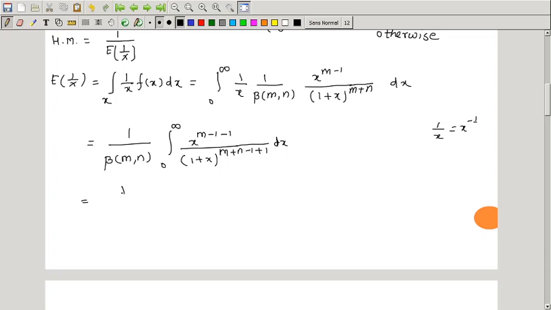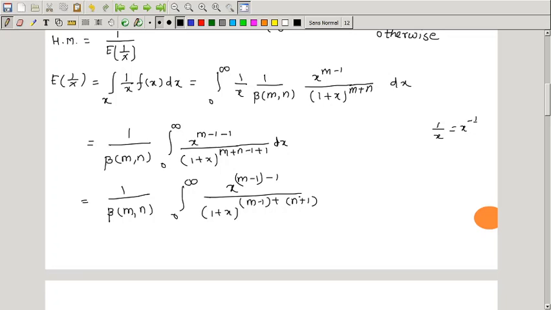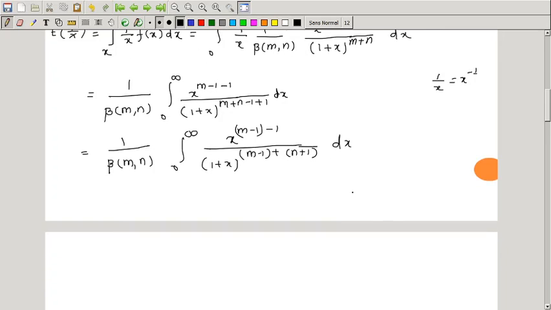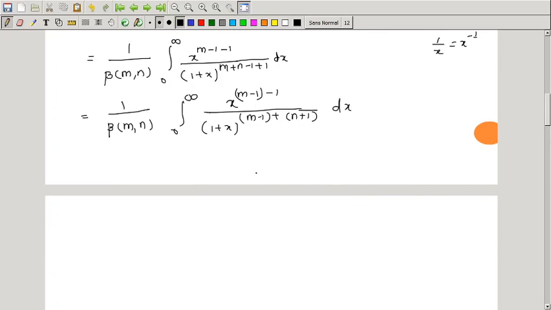So 1/B(m,n) times the integration from 0 to infinity of x^(m-1-1) divided by (1+x)^((m-1)+(n+1)) dx. Now this integration, again, you can use the beta function.